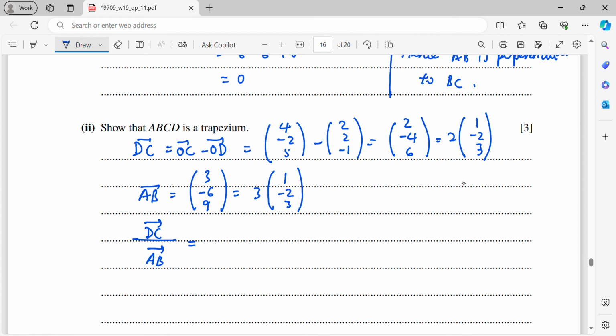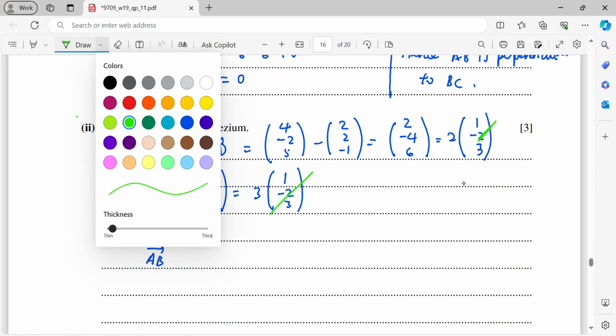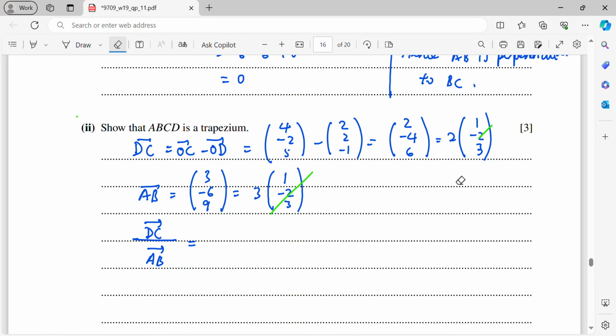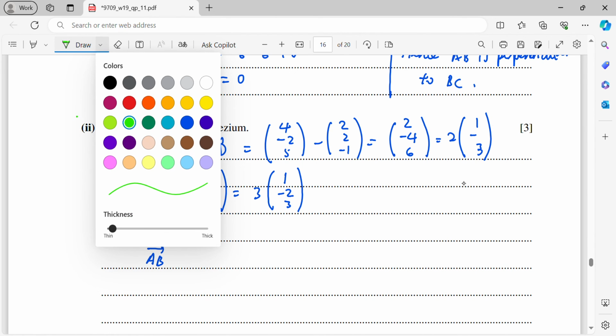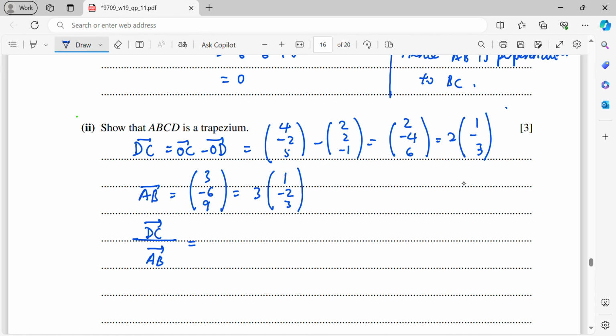So when you divide, it looks like these 2 vectors will be cancelled off. That means I'm getting 2 over 3. Okay, so here I will just write 2 over 3. But that is not the division of vectors. It should be division of the magnitudes. So here I have to put modulus. That is 2 over 3. Or you can just write vector also, no problem.